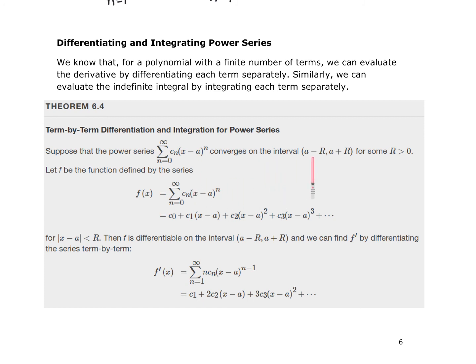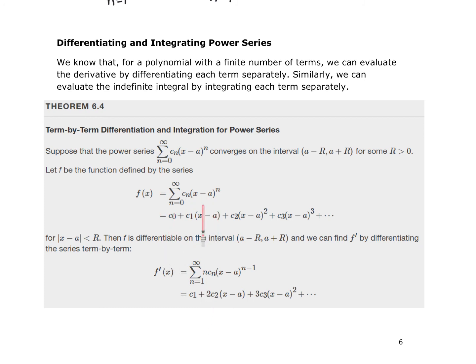Then it will converge on this interval from a minus r to a plus r for some r greater than 0. Let the function f of x equal this, which we know expands to this. For the absolute value of x minus a less than r, f is differentiable on this interval, which means we can differentiate this term by term.